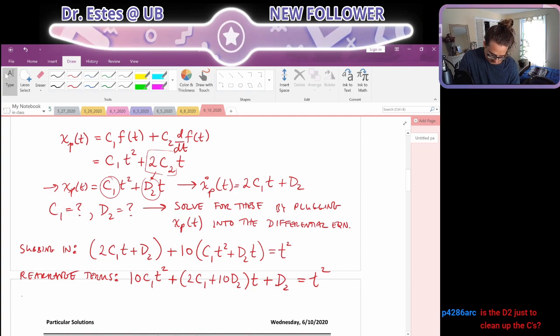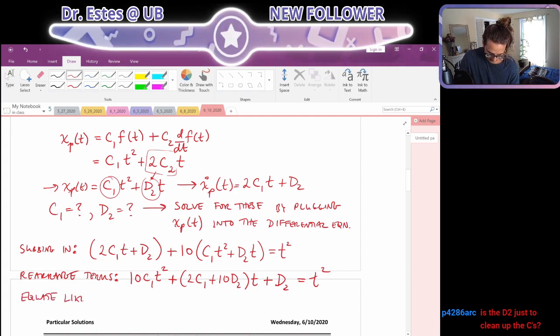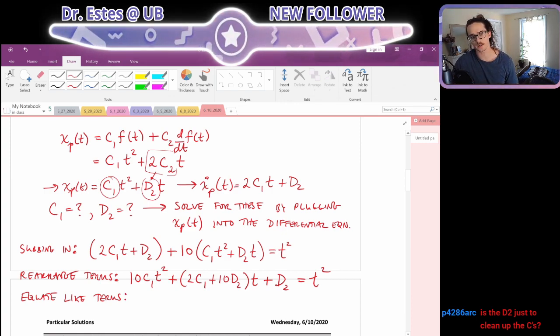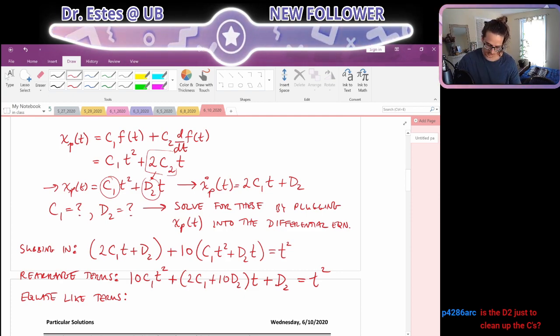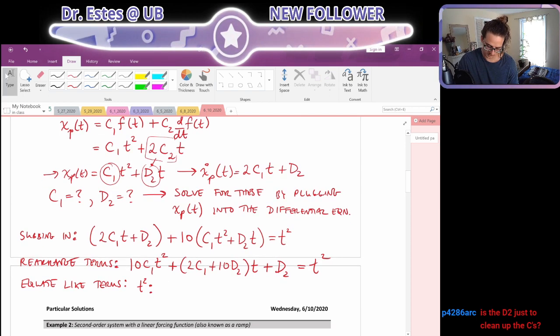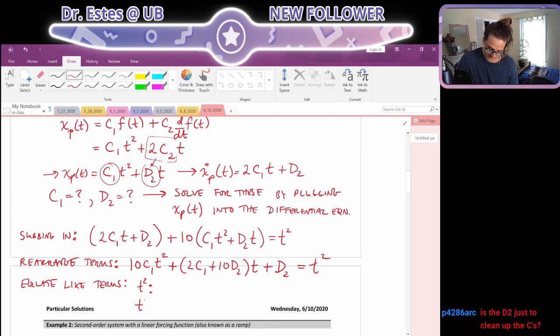And now we equate like terms on the left and right-hand side. So what I mean is we'll look at the t squared terms and the t terms.